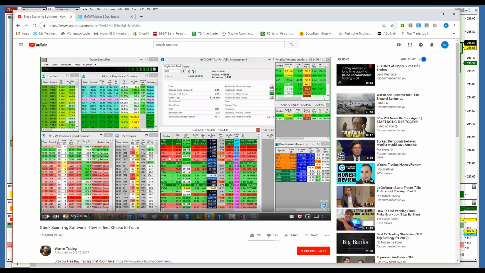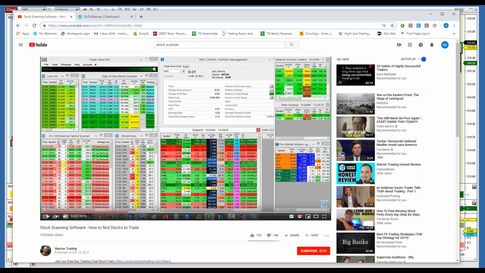Here's Garmin. Any of these parameters don't necessarily constitute any kind of a good trade. Relative volume leaders. It's helpful to know what's moving on big volume, but it doesn't necessarily make this a good trade.